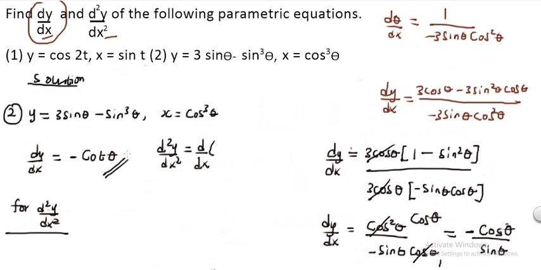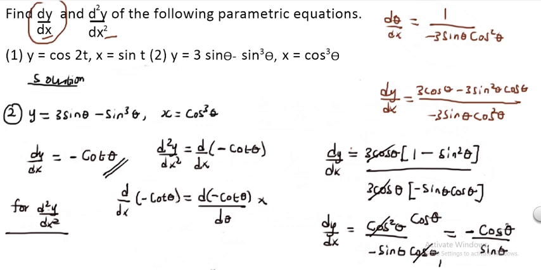Now remember, since we are differentiating the dy/dx again, this will be my dy/dx, differentiating again, so it enters here: minus cot θ. This by itself can be written as d/dx of minus cot θ. So first of all, I want to differentiate this with respect to θ. So this will be d(minus cot θ)/dθ first of all, times, now the point is to get d/dx here. So this will be dθ/dx.